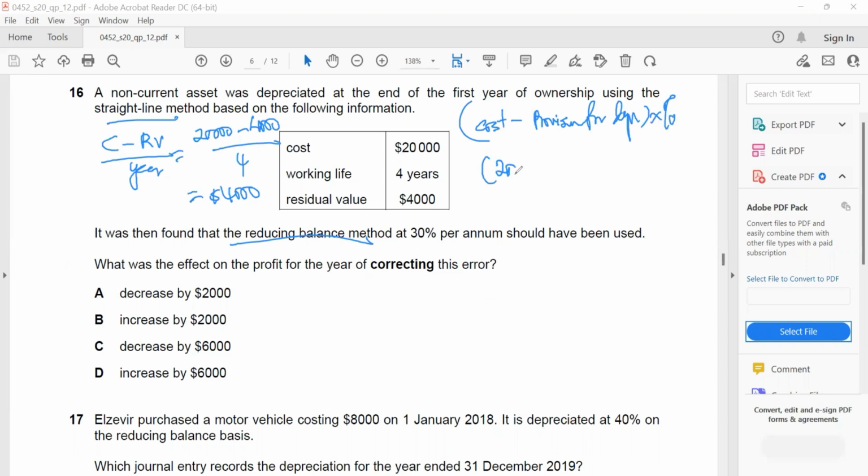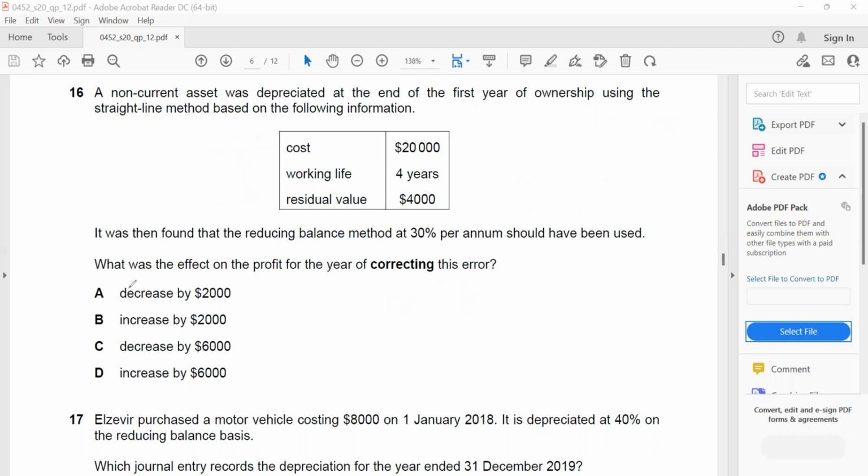Because this asset is in its first year, the provision is 0, times 30% will be 6,000. So take the two differences. This is lower, this is higher. What was the effect on the profit of the correction? When you adjust these two, the profit will decrease by 2,000, because this is higher and this is lesser. So the profit should be decreased by 2,000.